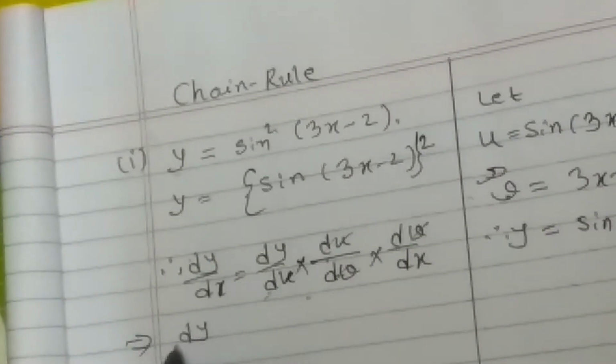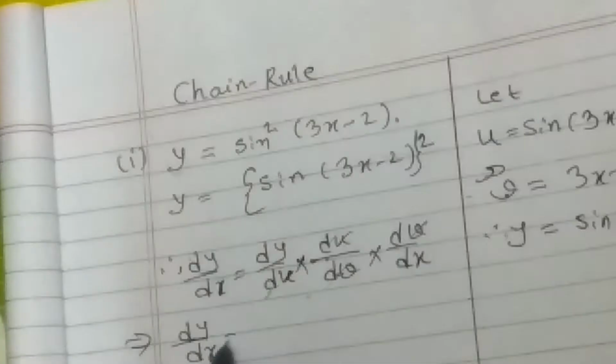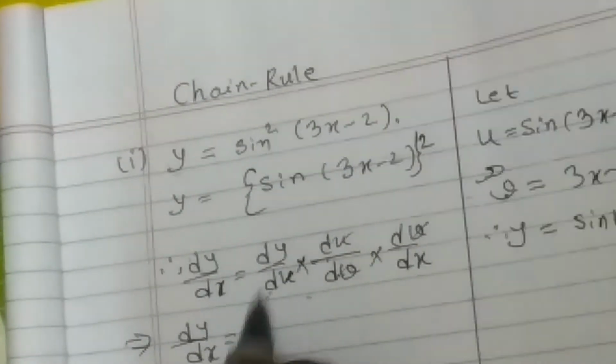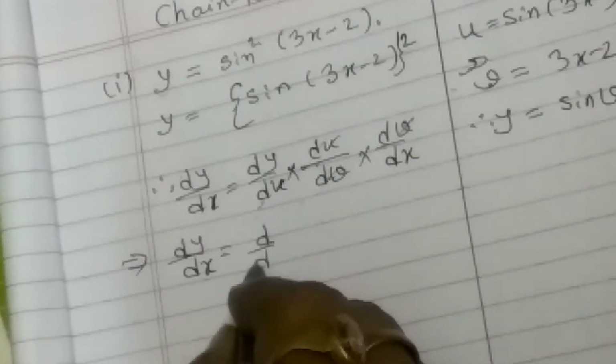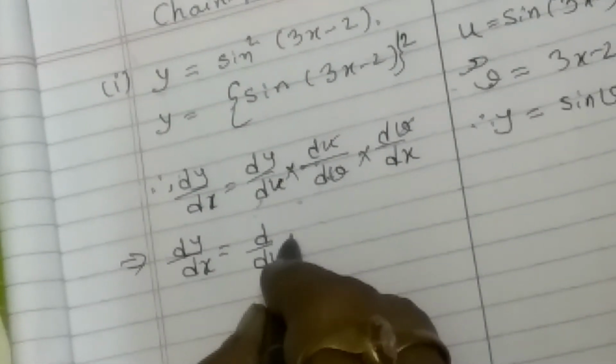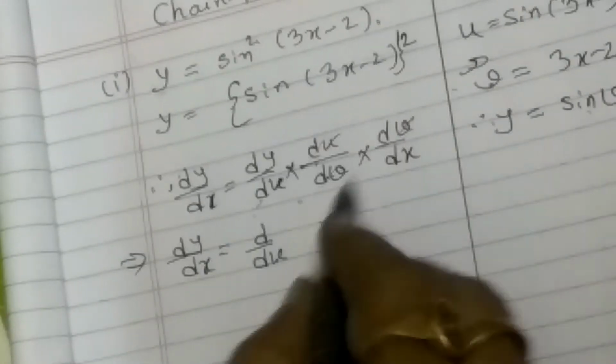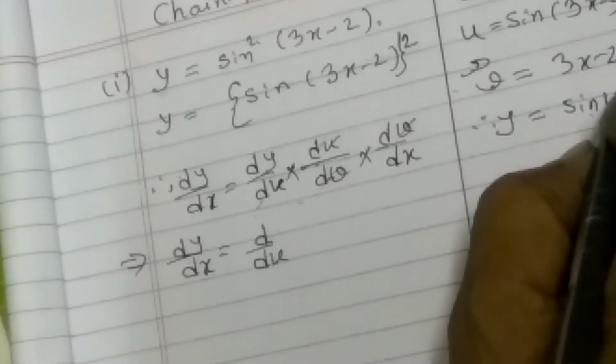Now dy by dx is equal to d by du of, it must be of the same parameter, so u square.